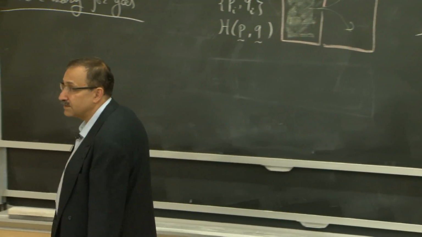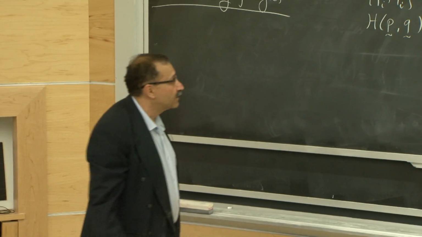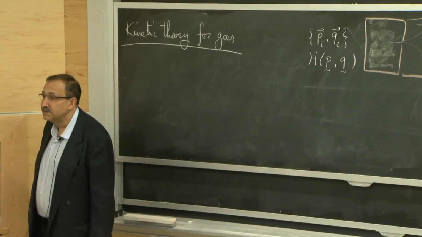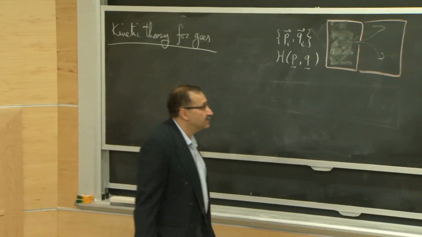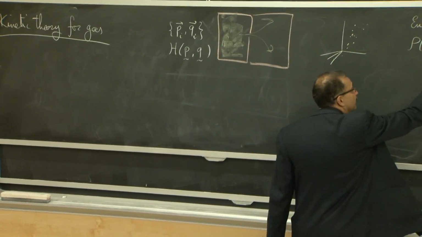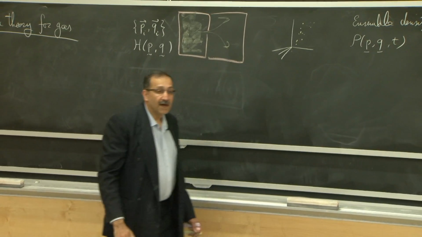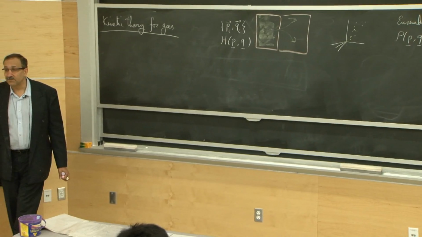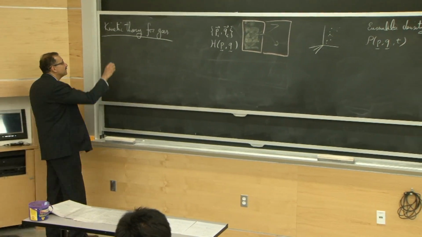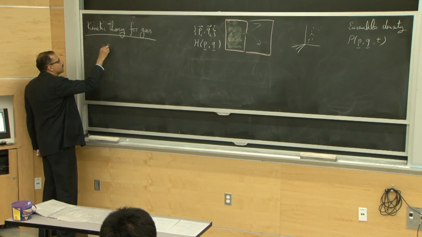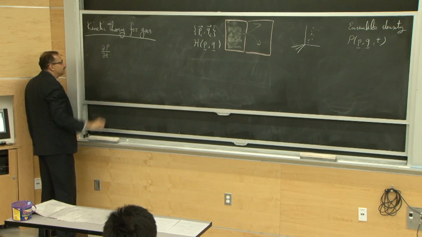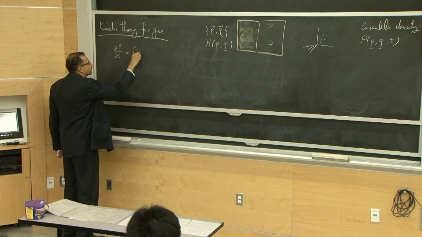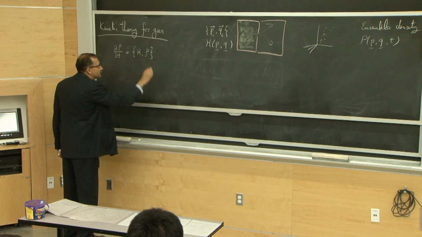But then I realized that since each one of these trajectories is evolving according to this Hamiltonian, this density could potentially be a function of time. And we described the equation for the evolution of that density with time. And we could write it in this form: d rho by dt is the Poisson bracket of the Hamiltonian with rho.